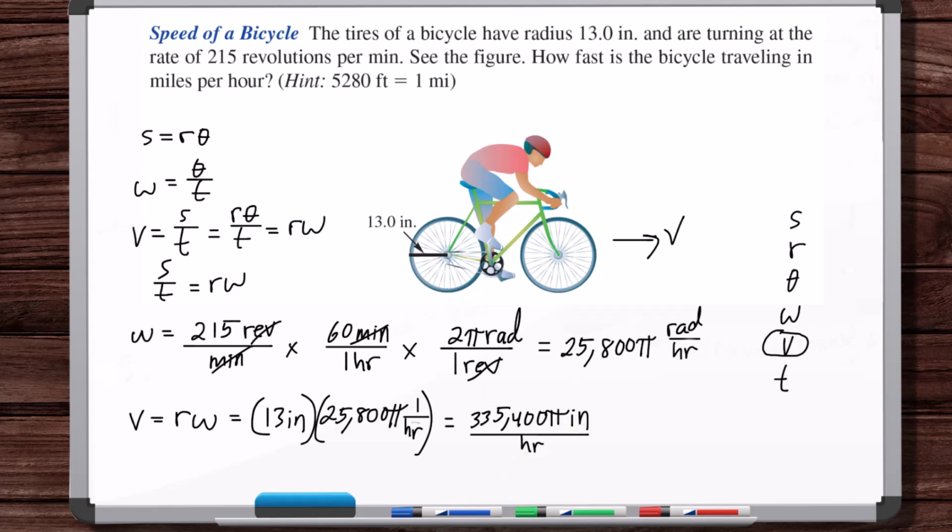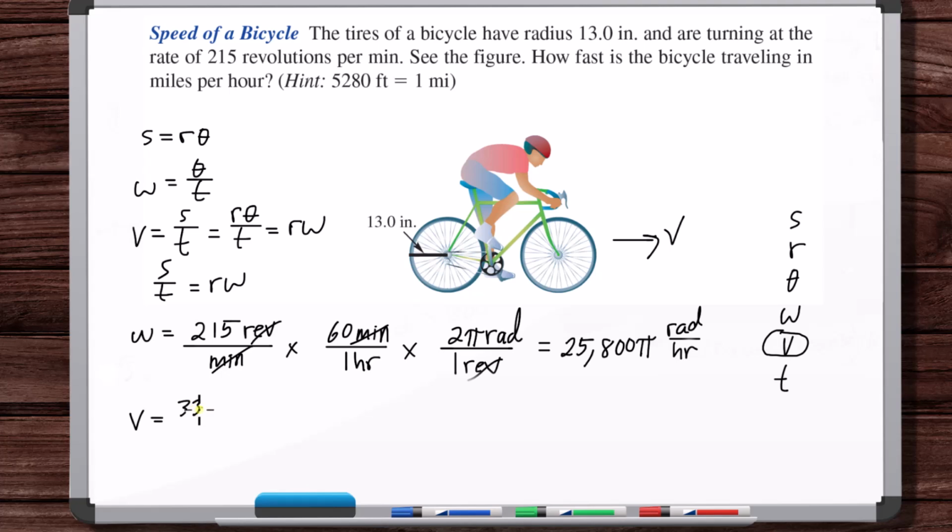Okay, so 335,400 pi inches per hour. What we're going to do is we just need to convert inches to miles.